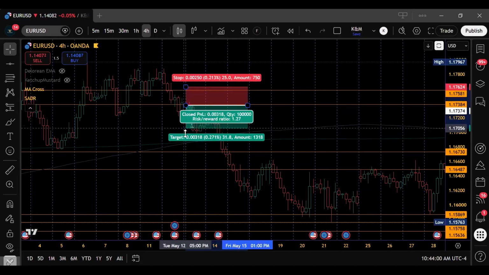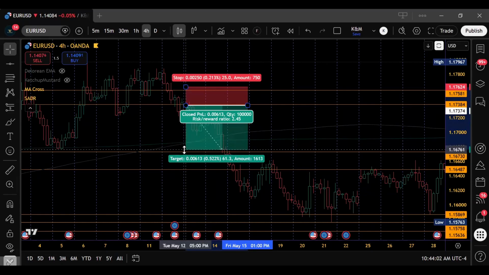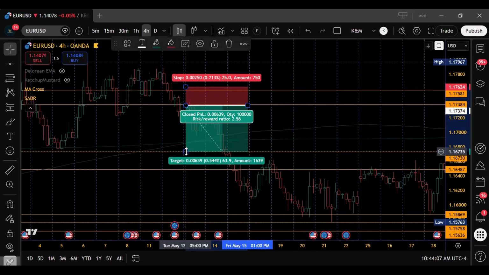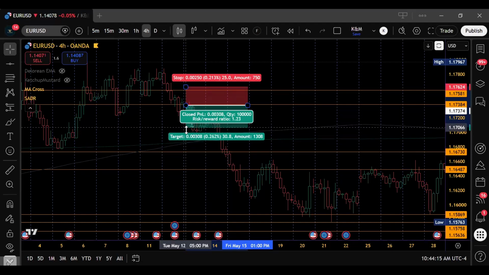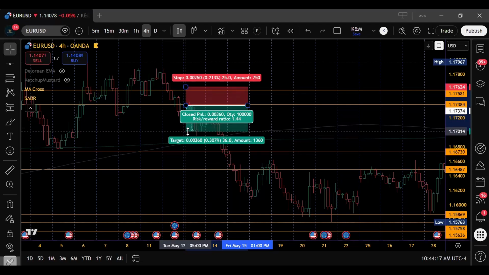The goal is to take it to the next trade zone. When I do that, my risk to reward is a 2.56. So what I'll do is mark up whatever, and your trading plan is dependent upon you.